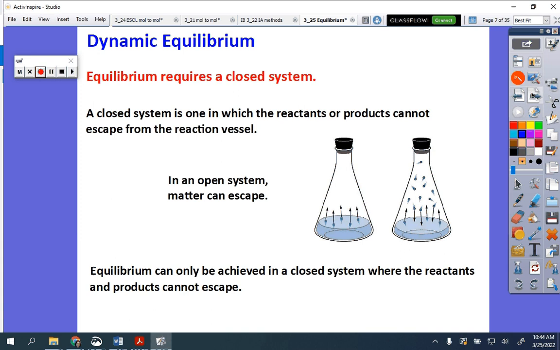And so that process, going from liquid to gas, would be our forward reaction, and that's going to start happening more and more until we get enough gas particles where some of them are going to condense back into liquid. And then we're going to have the reverse process.